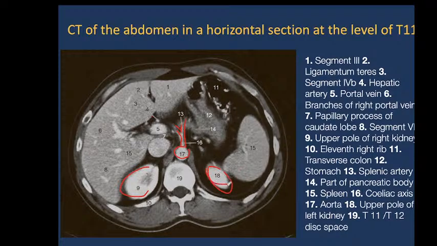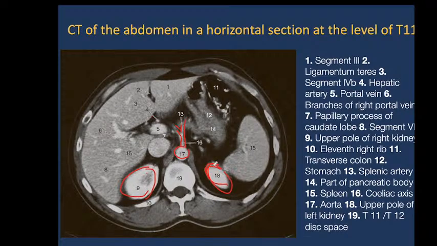By the way, that is not typical, because the right kidney should be located lower than the left kidney, but we see only the upper pole of the left kidney and just a bigger part of the right kidney.